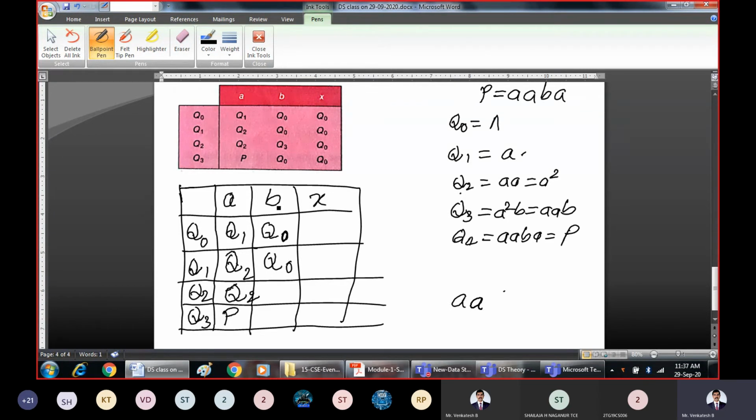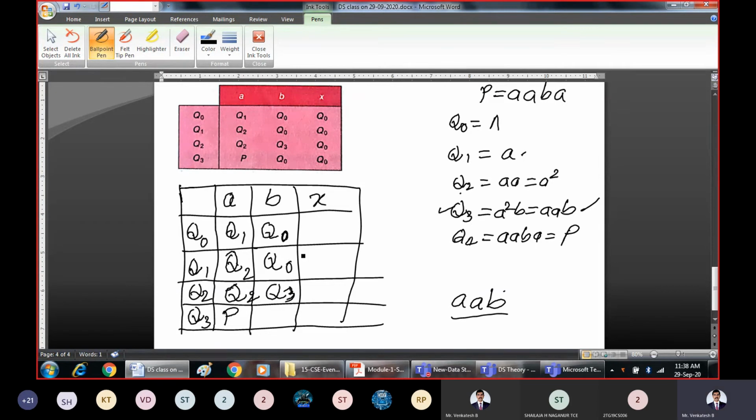That means what we want is present here. After 2 A's, we want 1 B. So if the pattern is AAB, what does it indicate? AAB indicates Q3. That means we have found Q3, so make the state Q3.